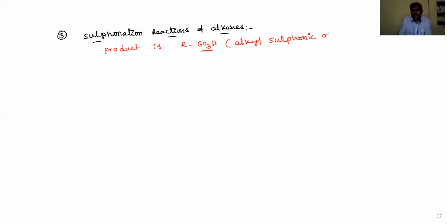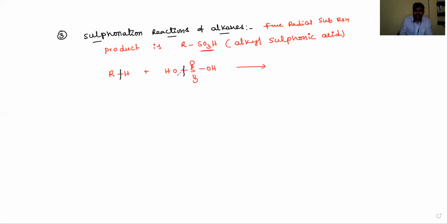Alkyl sulfonic acid is the product. Okay, dear students, for example, take alkane RH and treat it with sulfuric acid. It is a free radical substitution reaction, in which the carbon-hydrogen bond will cleave.